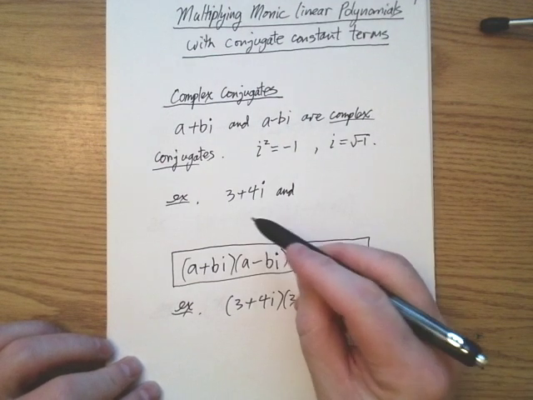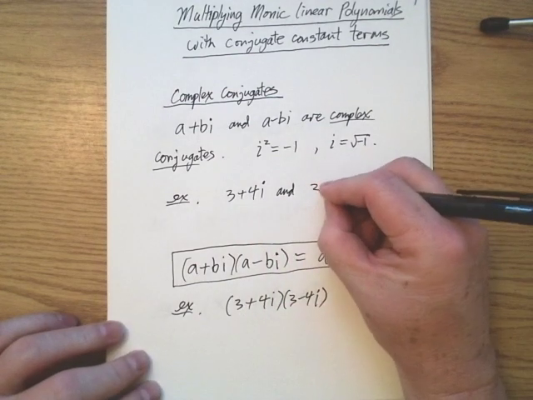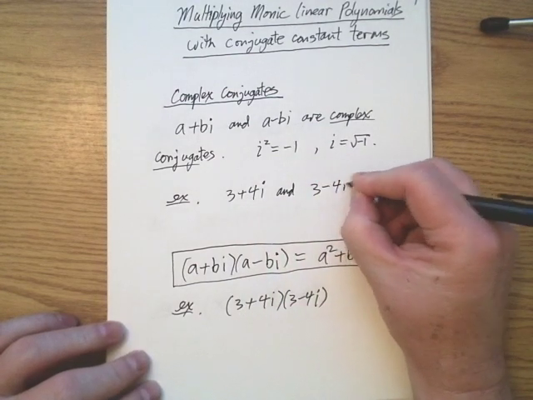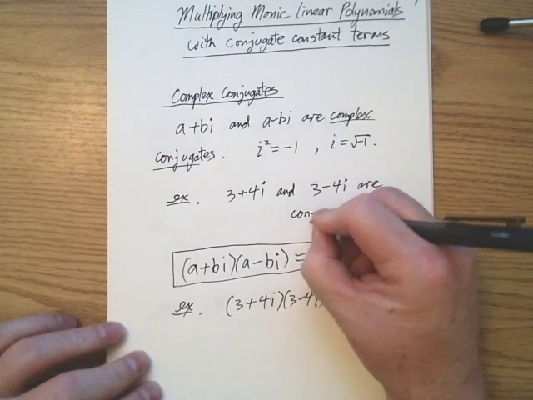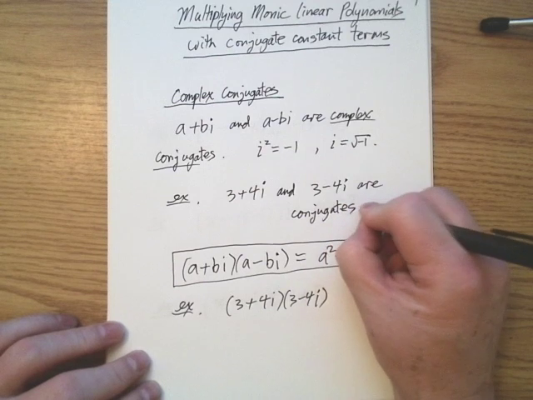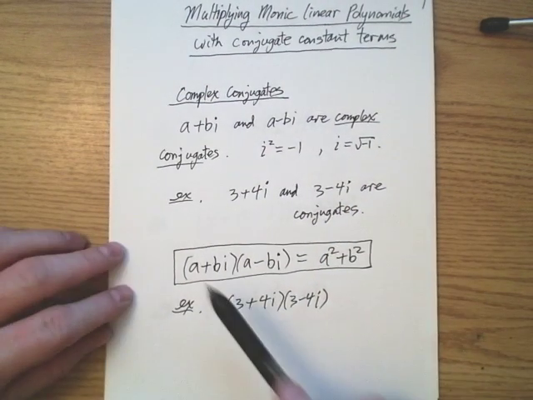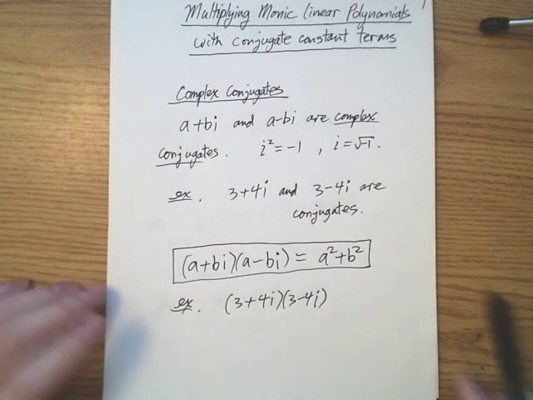For example, 3 plus 4i and 3 minus 4i are conjugates. So a plus bi and a minus bi are complex conjugates.